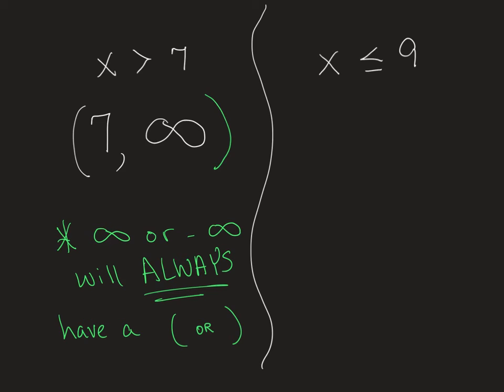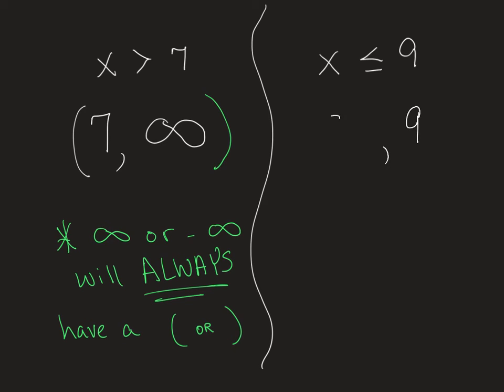So let's look at the next one. This one here says x is less than or equal to 9. So 9 is my greatest amount, because x is everything smaller than 9. So when I'm doing this, it's 9 over here, but how do I represent everything that's smaller than 9?